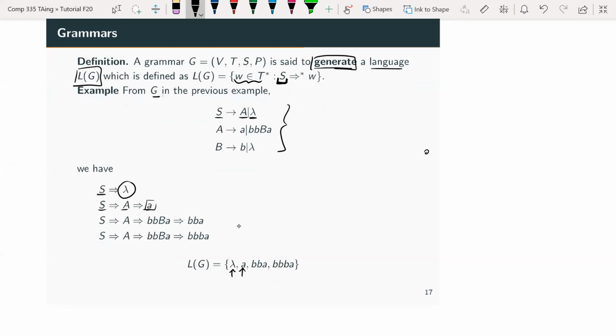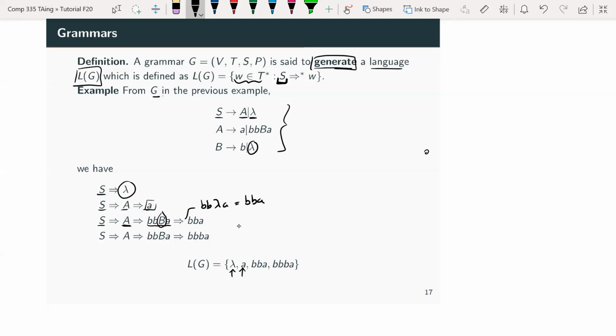And then again, if I start at S, I replace that with A, then I replace the A with BBBA, and then I replace this capital B with this production rule lambda. So really this is like BB lambda A, which we know is equal to BBA. So this is another string. Remember, a string is a list of symbols that are only from the terminals, right?